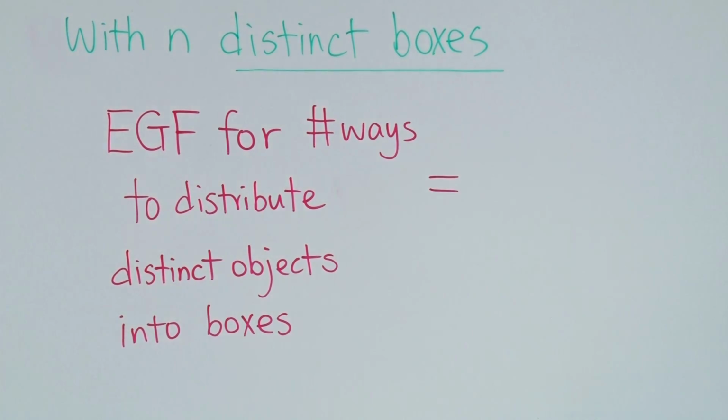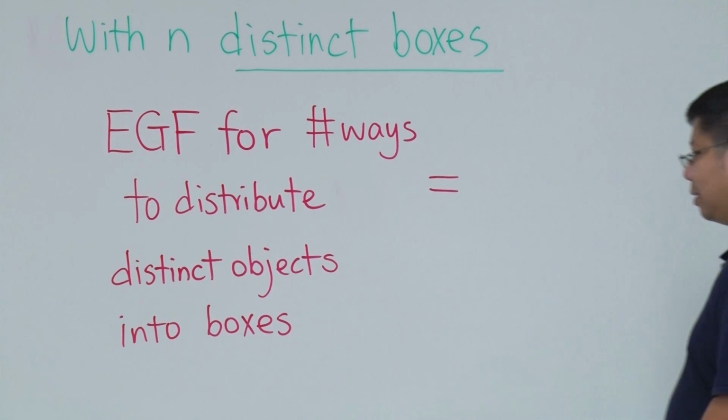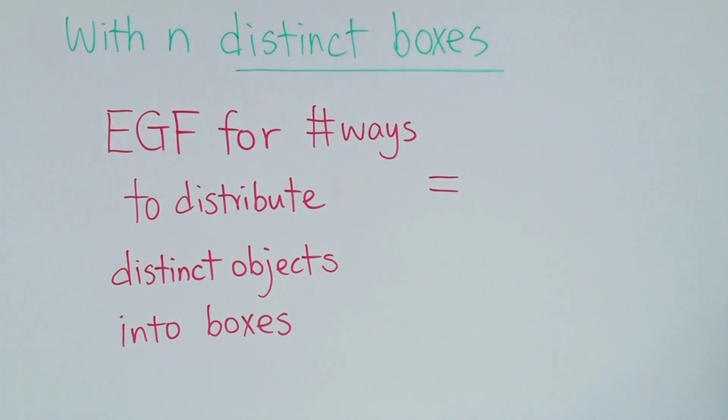Is that okay? So boxes are distinct. And then we want to get an EGF to calculate the number of ways to distribute objects into the boxes, with an extra condition of no empty boxes.